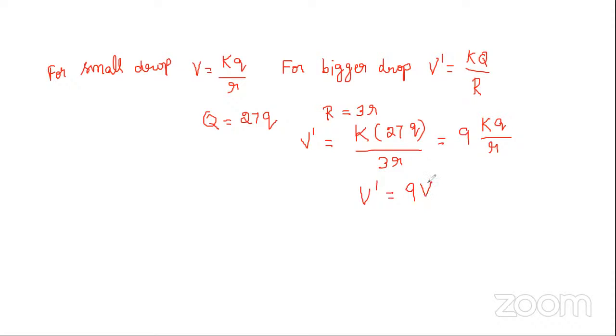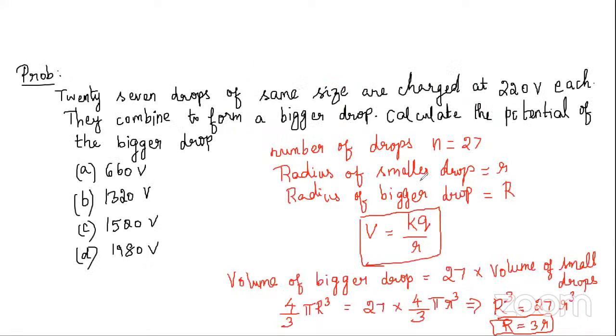In the question, they have given you the potential on the smaller drop as 220. So here you can see the potential on the smaller drop is 220.